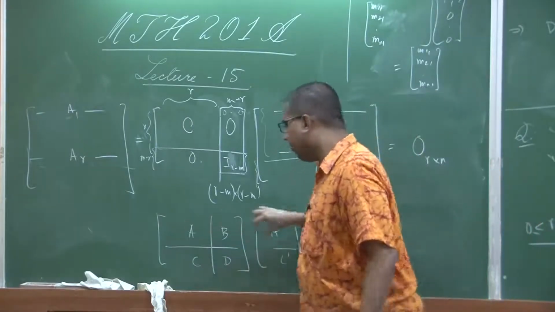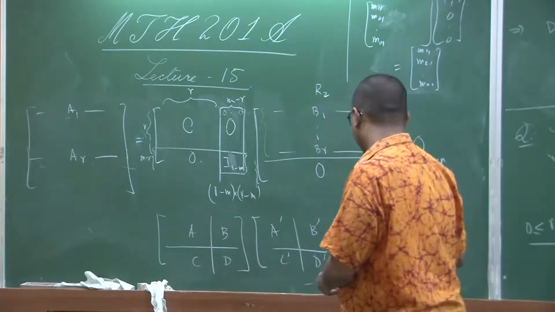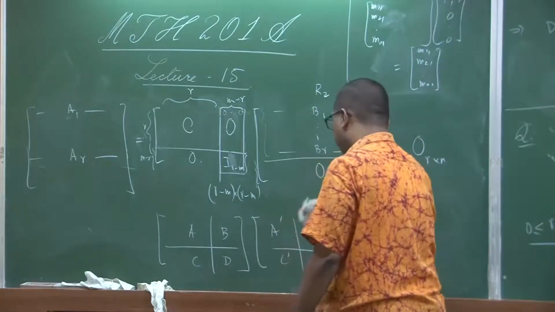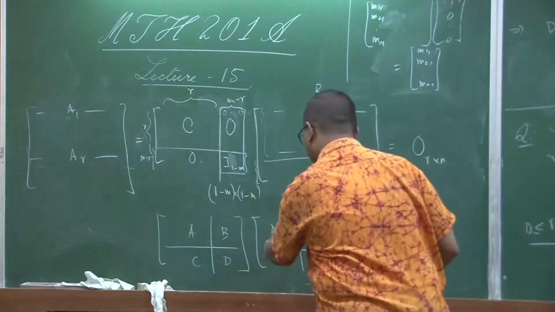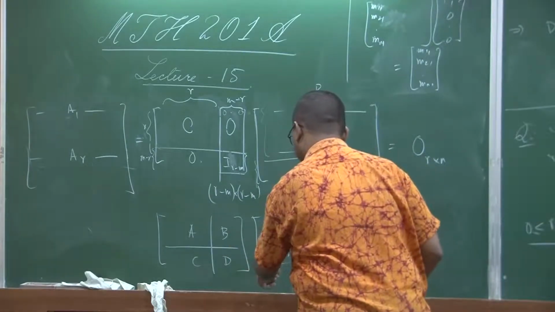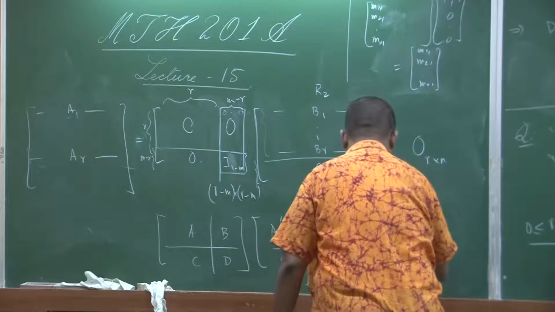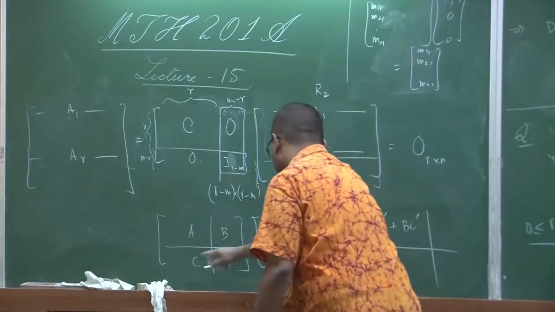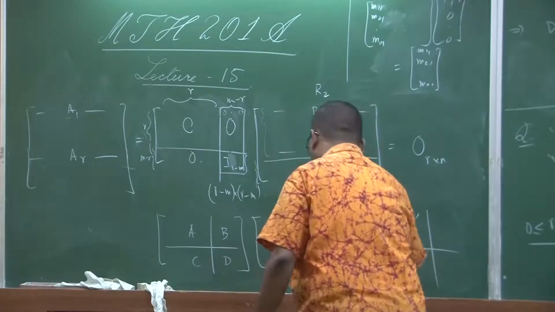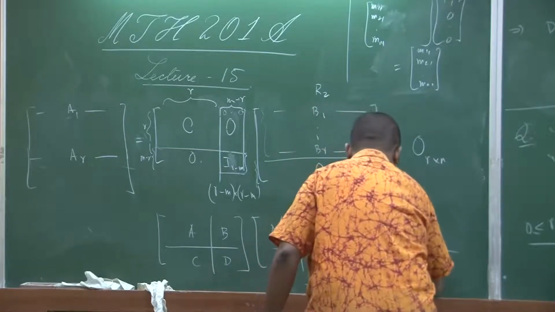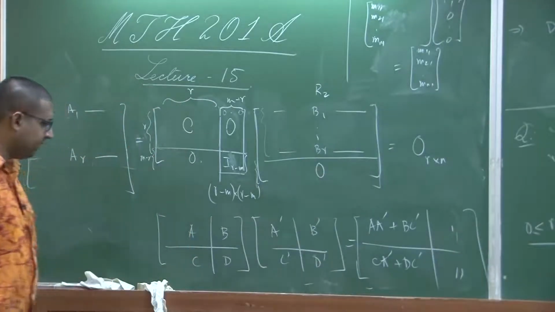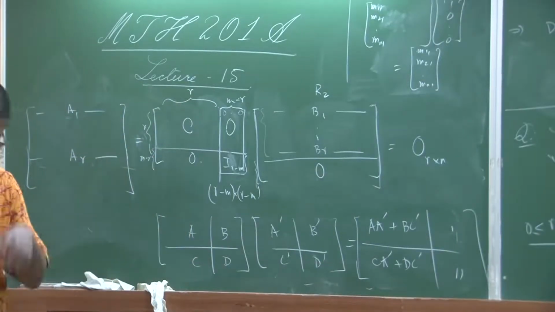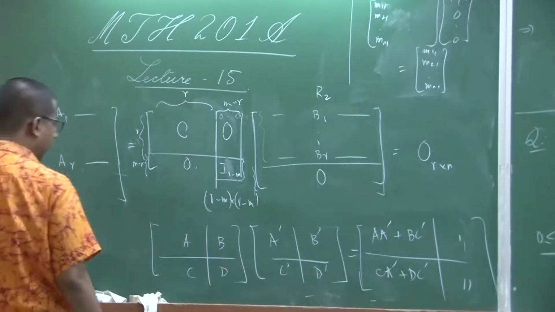You can simply forget that they are matrices, and you can perform exactly the same rule of multiplying 2 by 2 matrices: A A prime plus B C prime, similarly C A prime plus D C prime, so that you can immediately check, and similar for the other 2 blocks.